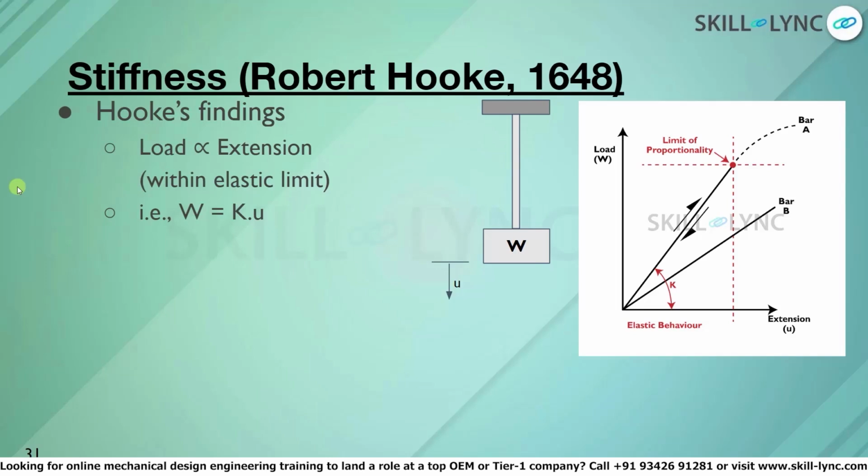So from Hooke's finding, we can summarize that within the elastic limit, W is equal to K times U, where K is the axial stiffness. Therefore, K is equal to W by U, and here K depends upon material properties and the geometry of the bar.